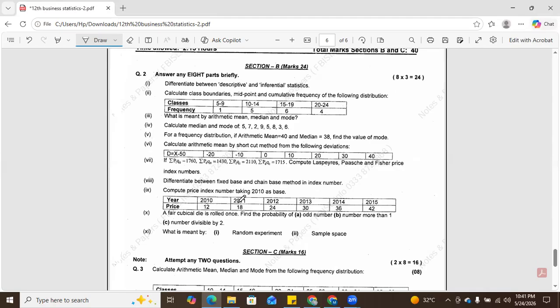Compute price index number taking 2010 as base. So these are the given data. A fair cubical die is rolled once. Find the probability of A, odd number, B, number more than 1, C, number divisible by 2. What is meant by random experiment and sample space?